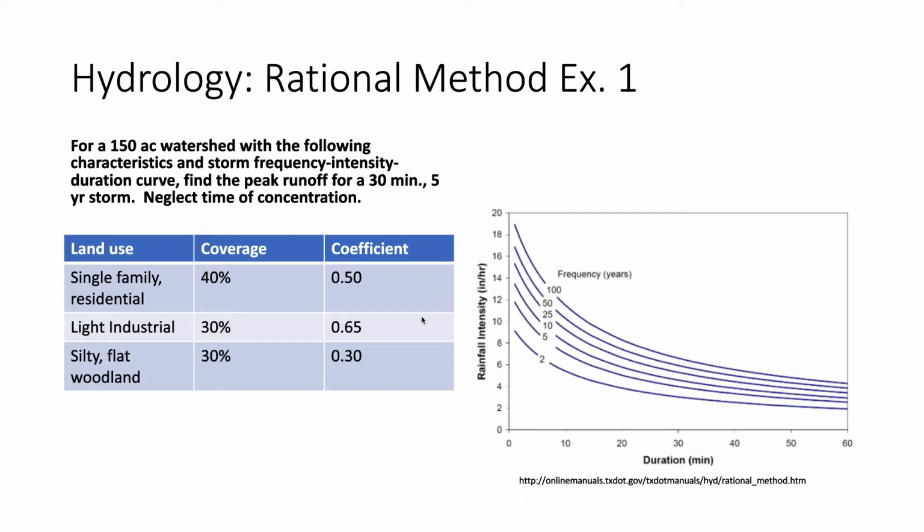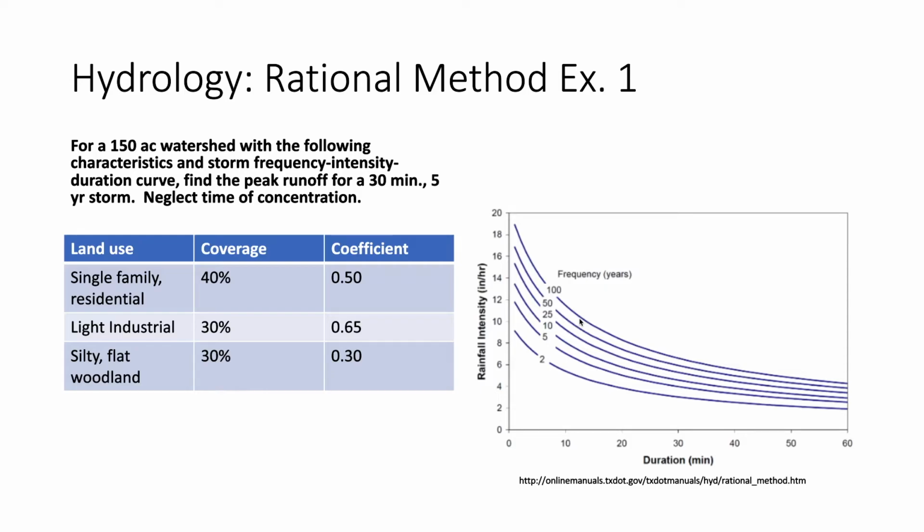And then next to that, we have something called the frequency, intensity, duration storm curve. And this is where we compare storm duration to rainfall intensity and then the return period or frequency. So this is where we're talking about a 2-year, 5-year, 100-year storm event, which just in very brief description means the largest storm event likely to be seen in that period of time.